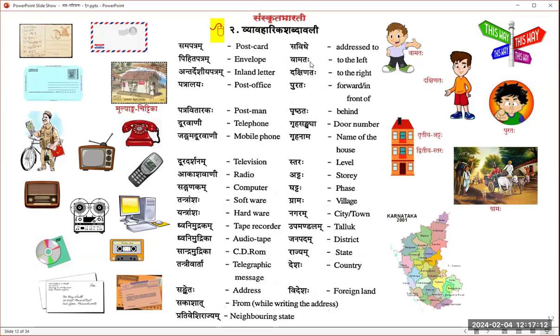We also use Edagadege Hogu in that sense. Vamam prati gacchatu, that also you can say. But here tasil has been used in both senses. Vama being left, dakshina being right, pura being in front, prishta being in the back.